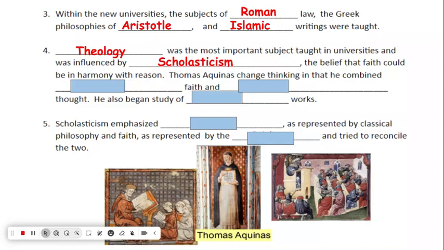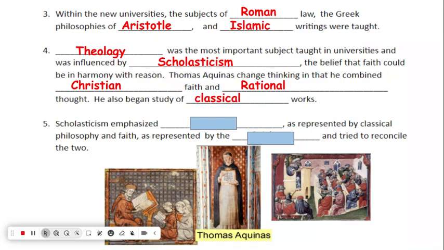And St. Thomas Aquinas was one of these guys who was able to tap into this idea of scholasticism. He believed that it could change the way you think. He also was able to combine Christian faith with the rational thought that was coming out of the philosophies of the ancient Greeks and the ancient Romans. He also began the study of classical works.